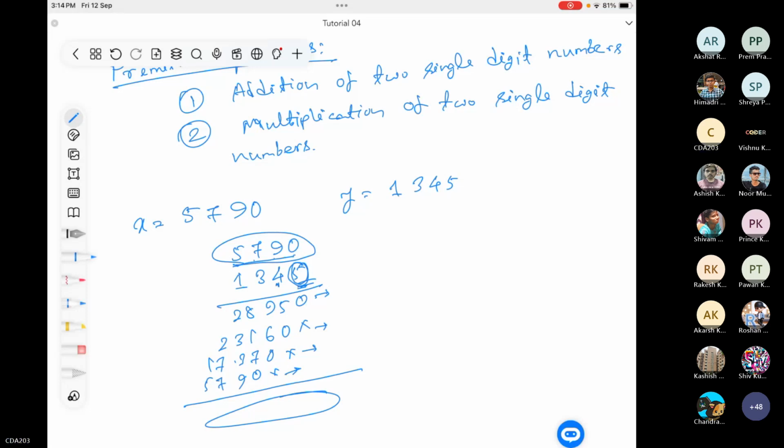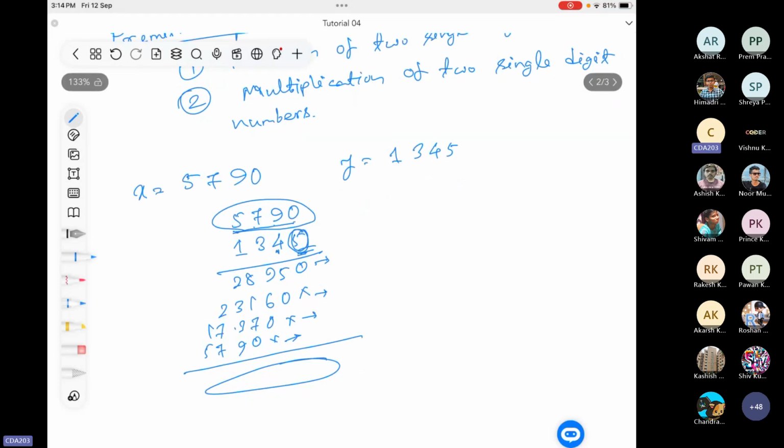So this means that at each time, if you think about this 4-digit number, how many multiplications do we do corresponding to 5? We do 4 multiplications, right? And in each step, we do these 4 multiplications.